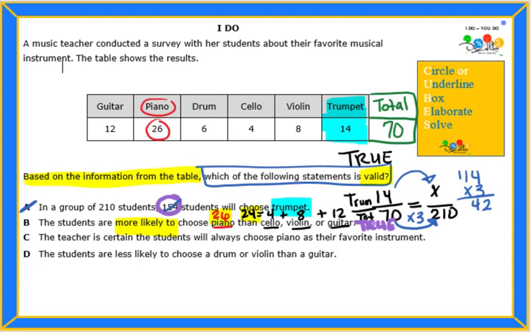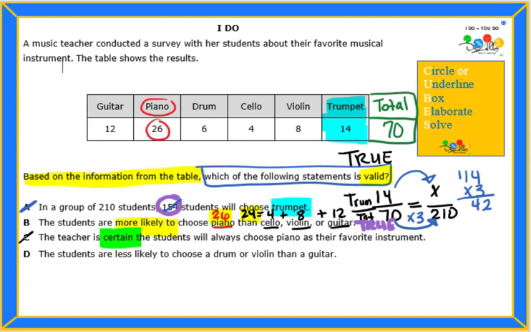So if another student comes in, you cannot be 100% certain that they're going to choose piano. There's a high chance they will choose piano, but there's not a 100% chance, because there's still a chance they will choose guitar, drum, cello, violin, or trumpet. So this is not true, because certain means 100%.